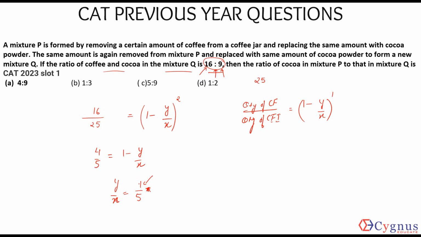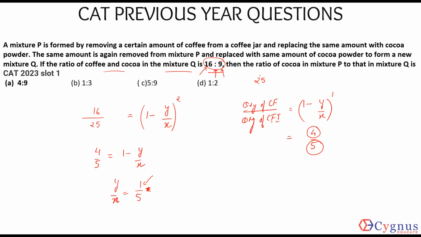And we know that the value of y by x is 1 by 5. So 1 minus 1 by 5 will give you how much? 4 by 5. That means the quantity of coffee left after the first removal will be 4. Initially it was 5. That means one part will be converted into cocoa.